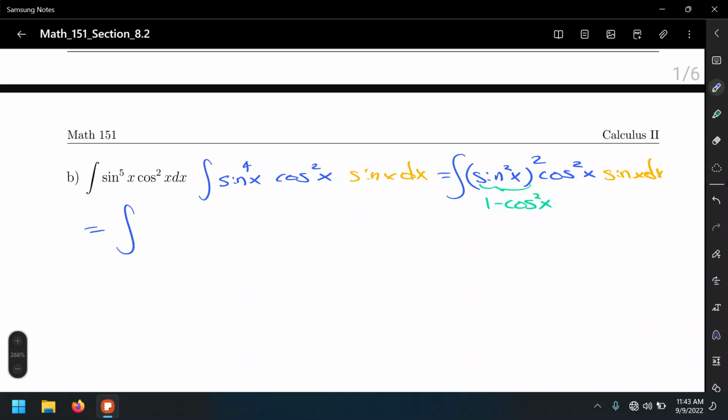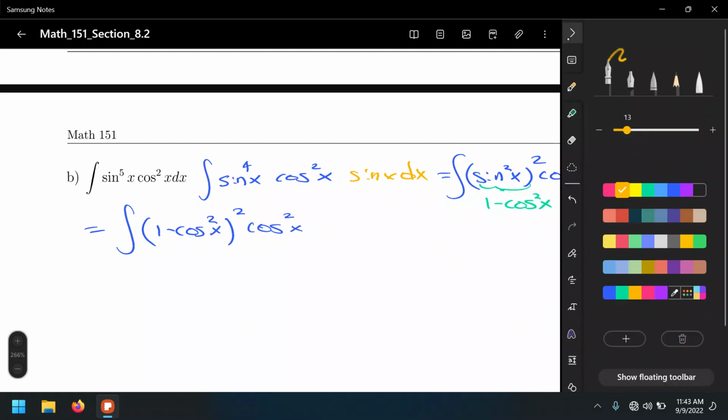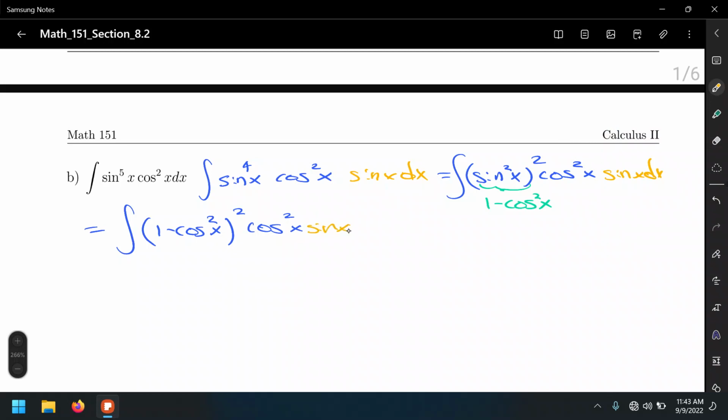So that's the integral of 1 minus cosine squared x quantity squared cosine squared x sine x dx. And actually, at this point, we're ready to do the u substitution, because what do we have?